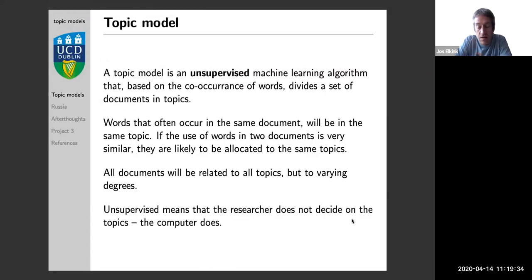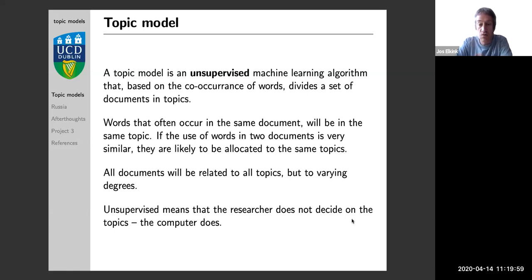As in this whole third block in the course, we are talking about an unsupervised algorithm. So we are looking at an algorithm where we do not know the correct classification. We don't have a list of predefined topics that we're after. We are just going to search what topics these documents might have.